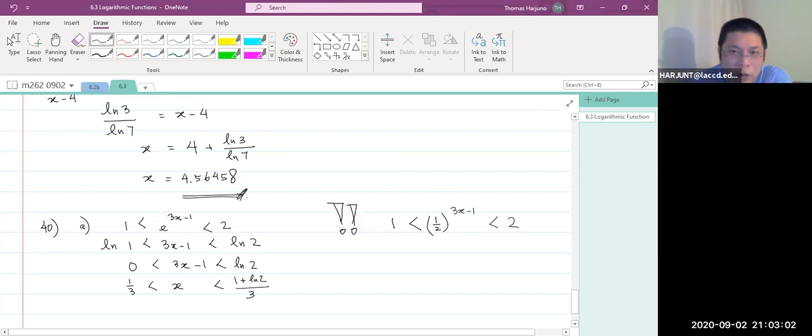Now, if you dare enough to play with a base less than 1, which is fine, just be careful. Exponential function with base less than 1 is decreasing. So when you apply the log of a base that is positive but less than 1, you need to reverse the inequality sign.